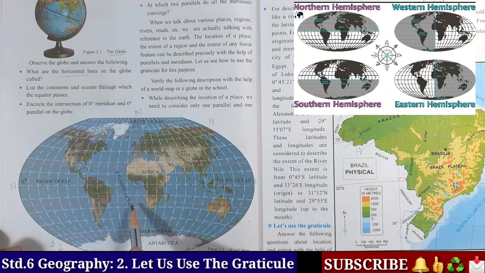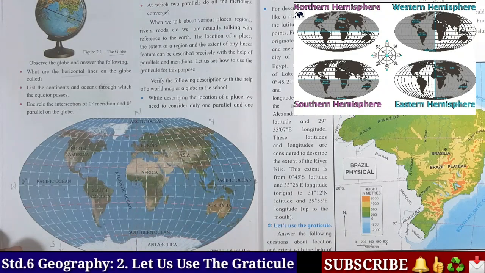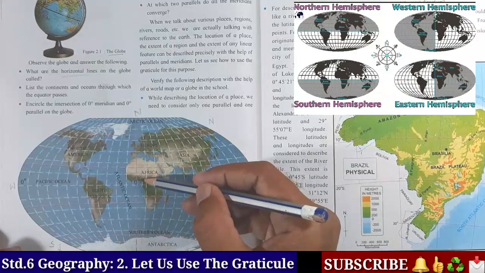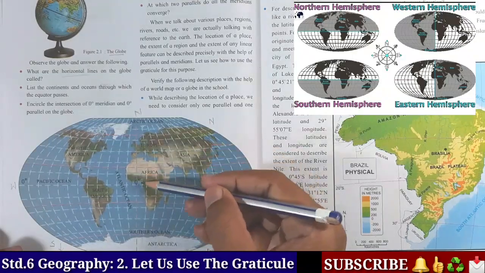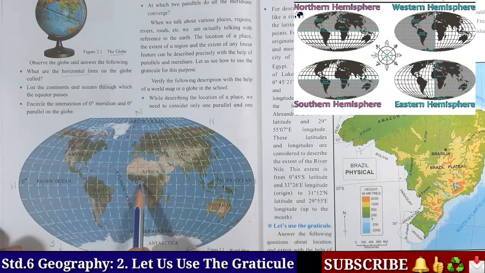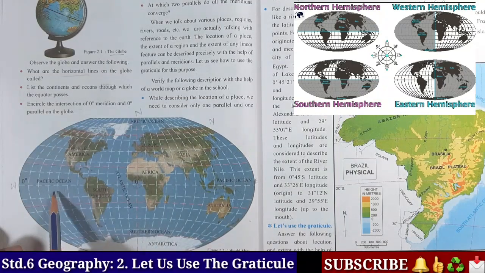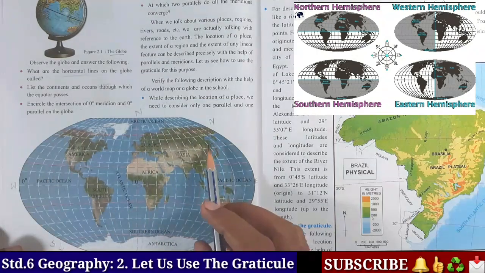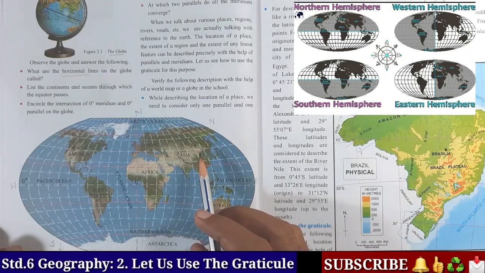Just now I have explained the northern, southern, eastern and western hemispheres. So here it is the northern hemisphere, here the southern hemisphere, and from this the eastern hemisphere and this the western hemisphere. So in all the 4 hemispheres, the African continent is spread.